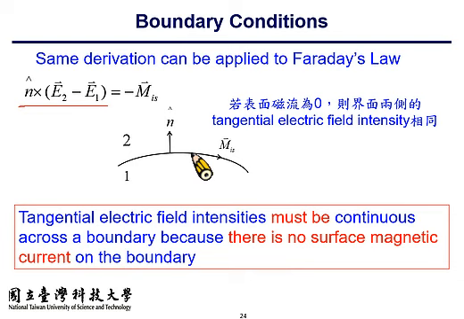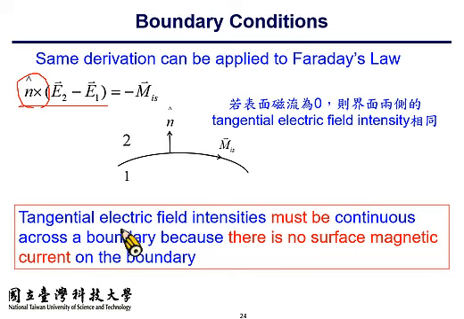That will be the difference between E1 and E2, and note that the cross product here extracts only the tangential component, and they should be equal to the amount of magnetic surface current on the interface. However, as we know, there are no actual magnetic currents. So, in general, the tangential electrical field intensity should be the same across the interface.